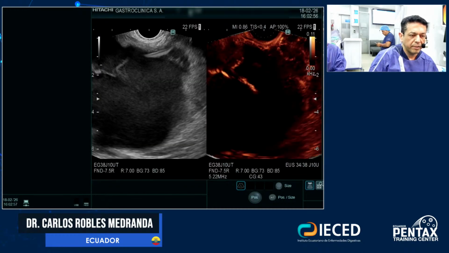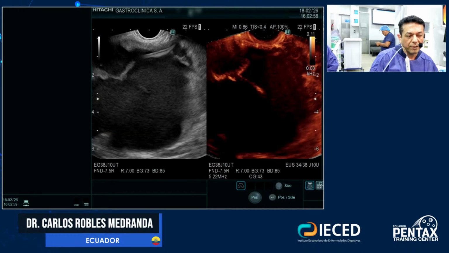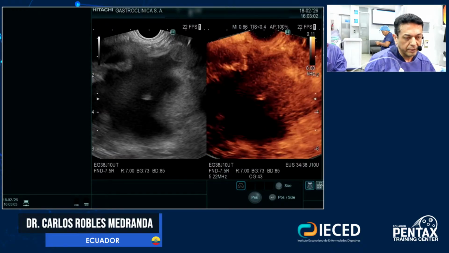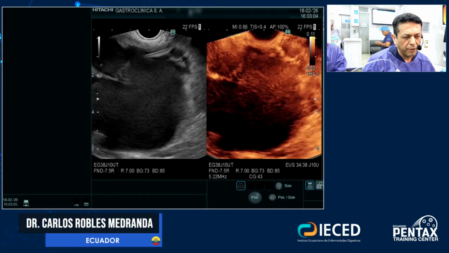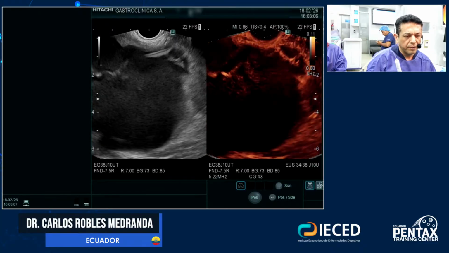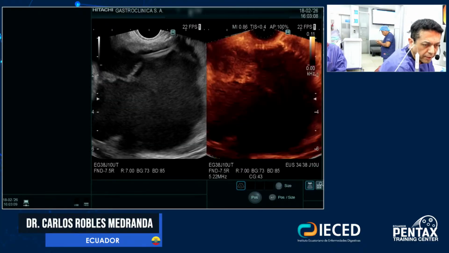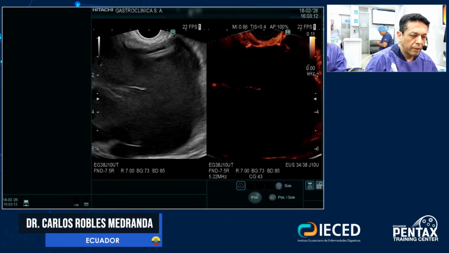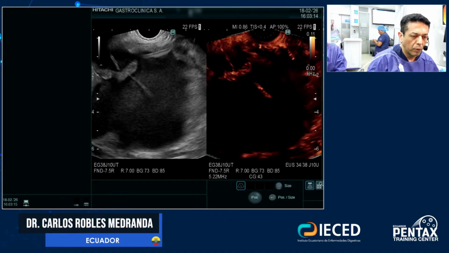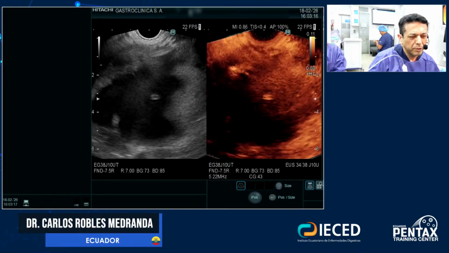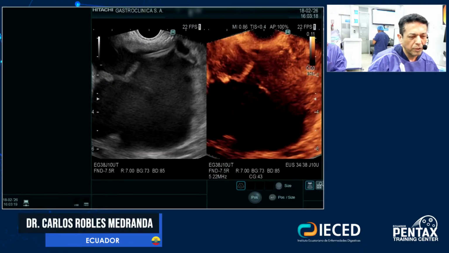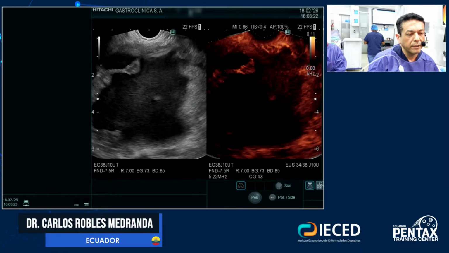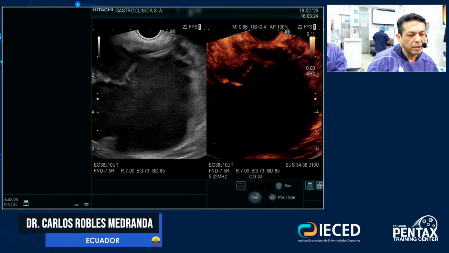So in this case, because of the B mode characteristics and this DFI that is positive, yes, because until now we have an objective way to say this is just positive or negative. From my side, I believe this could be a mucinous cystoadenoma or cystoadenocarcinoma, because there are small irregular vessels that I'm seeing inside with this technology.